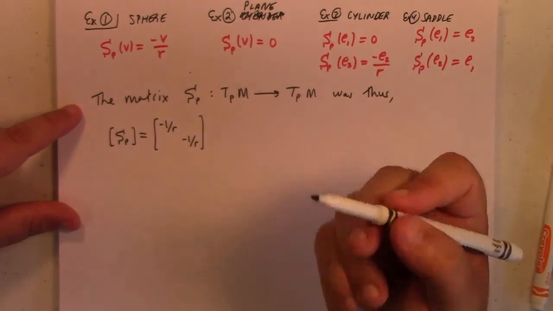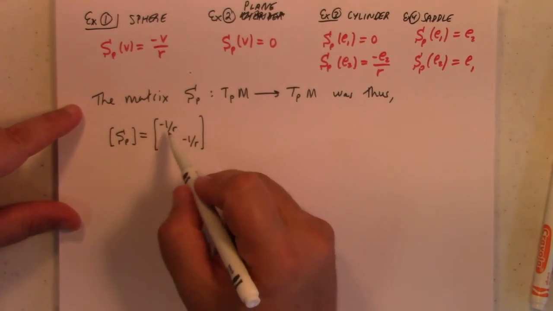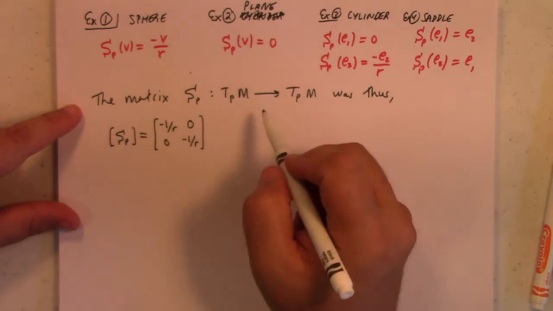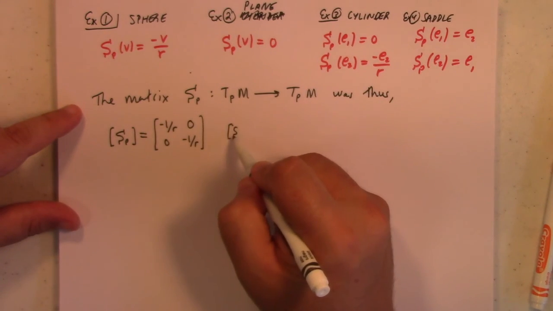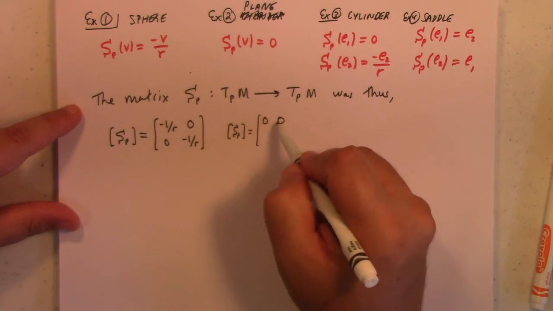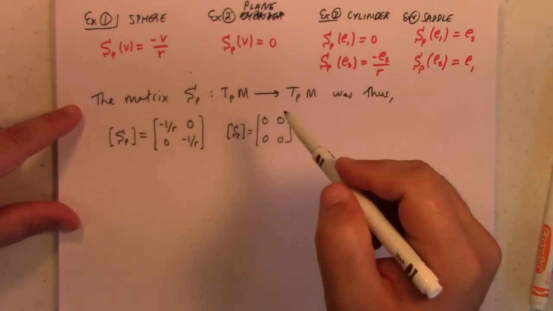The sphere's shape operator matrix was just this diagonal matrix with minus 1 over R, minus 1 over R. Similarly, the plane doesn't really matter which basis you choose. The matrix is easy enough to understand.